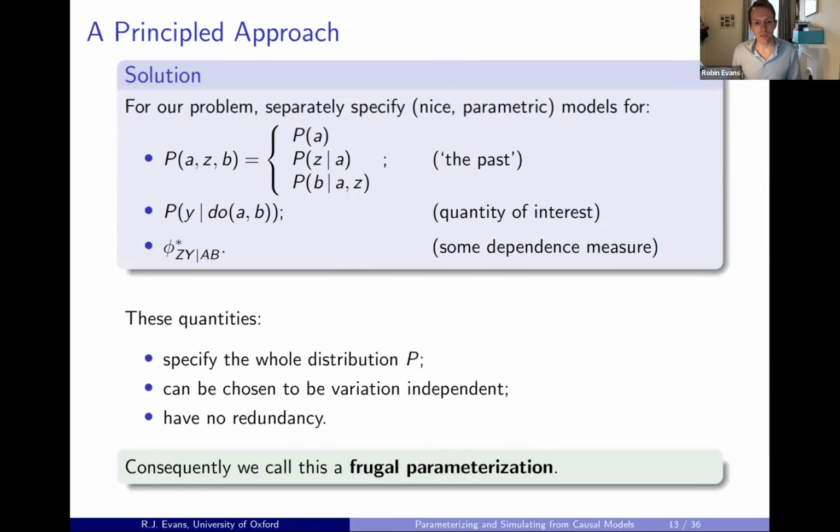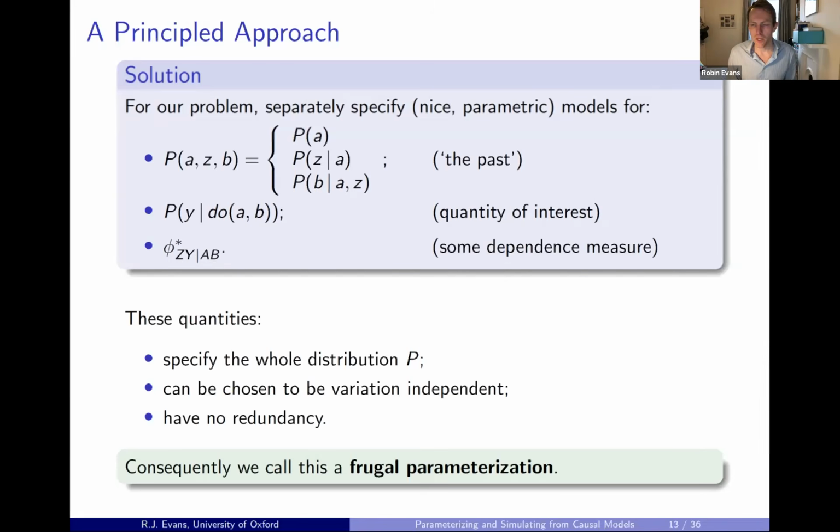These quantities have 3 great properties. First of all, you can completely specify the joint distribution with these 3 things, so any distribution can be written more or less in this form. The first 2 things are always variation independent, which means any value of this distribution and any value of this distribution can combine to give a distribution that has both of them as part of it. But you can often also choose this third piece to be variation independent.